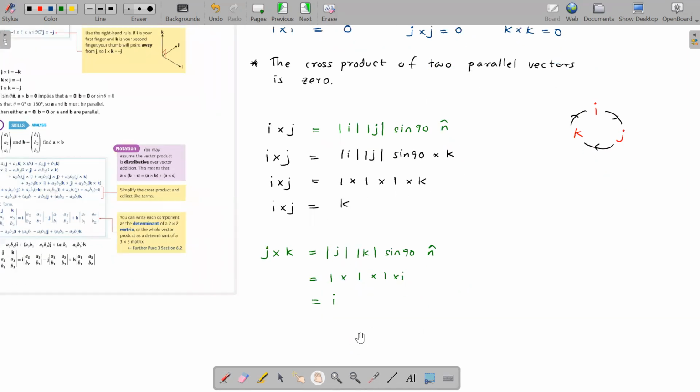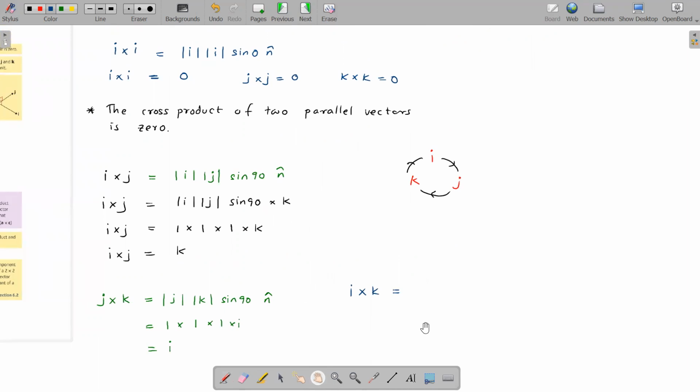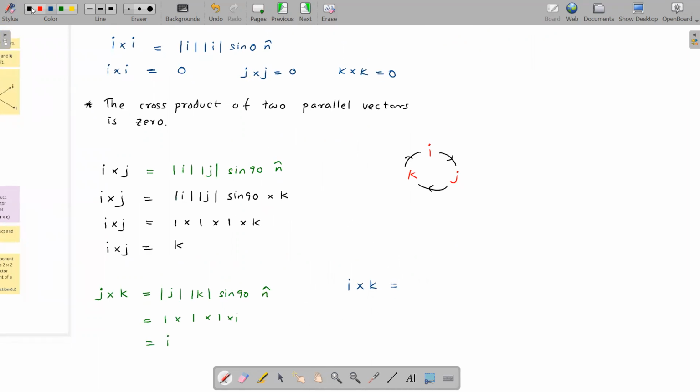Okay, so then what if I go the other way? Let's try something like this. Let me give you i cross k to find. How do you find i cross k? Let's apply the rule: a cross b was modulus a into modulus b into sine theta into n hat. This gives me modulus i, modulus k, sine 90, and n hat.